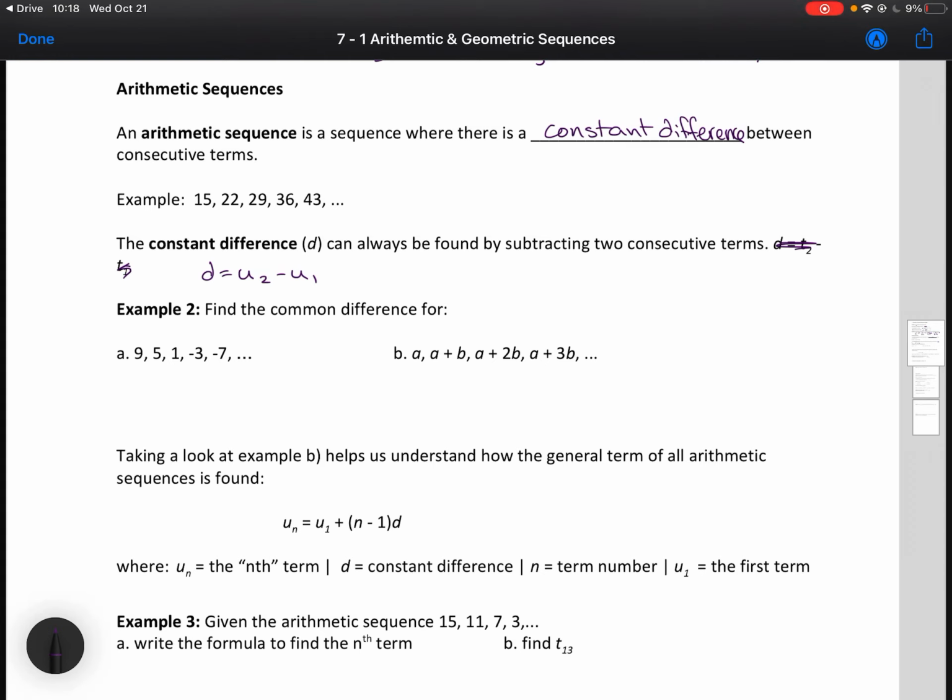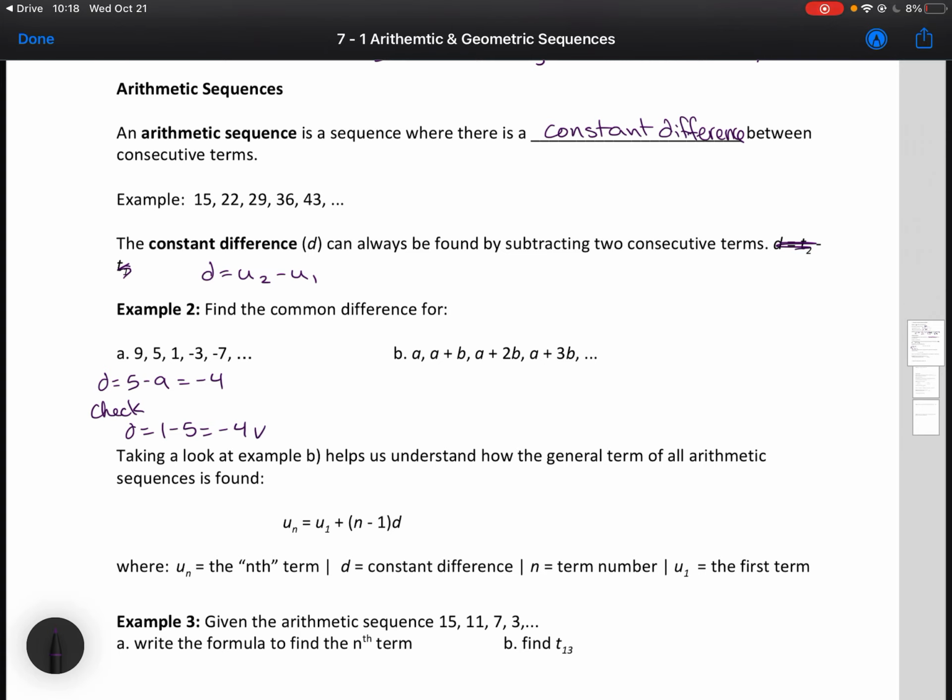So here, example 2, we're just going to find the common difference for two arithmetic sequences. Here, I would do d equals 5 minus 9, which is minus 4. And then I would double check another pair to make sure that I'm getting the same value: 1 minus 5 also equals minus 4.